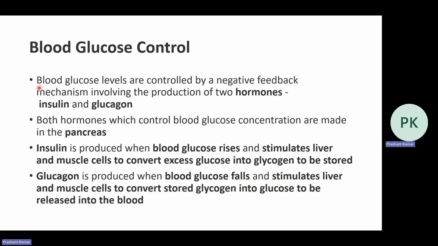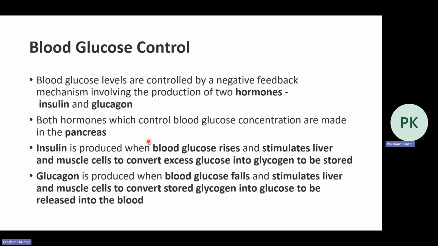Blood glucose control. Blood glucose levels are controlled by negative feedback, and we have two hormones, one which is going to convert glucose and another which is going to convert it back to glucose, right? Both hormones are produced by the pancreas, of which the first is insulin.